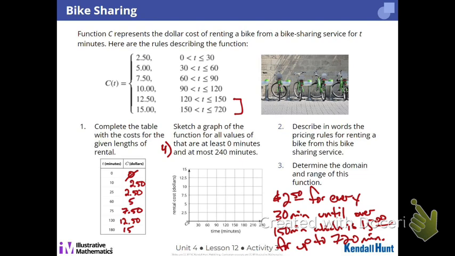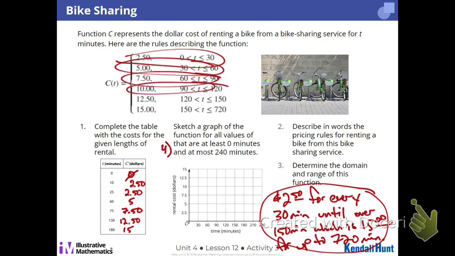Yep, 12 hours. Okay? Everybody go with this rule for 2? $250 every 30 minutes until you get more than 150 minutes and it's $15 for the rest of the day, up to 12 hours. So that's how you could say it with words.